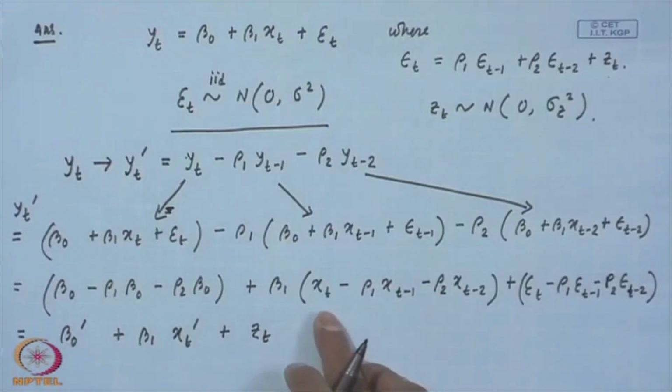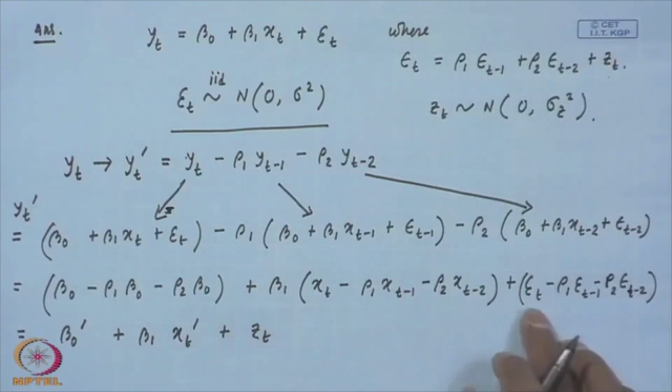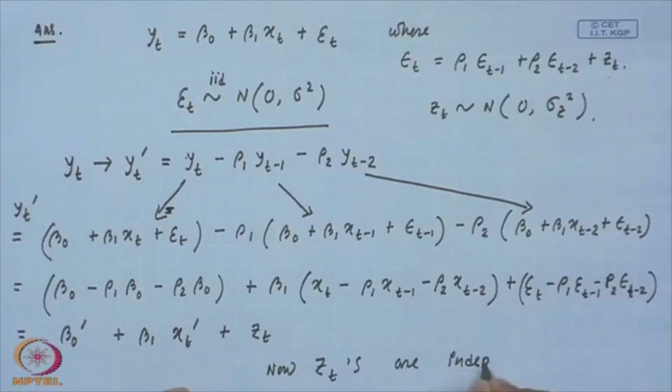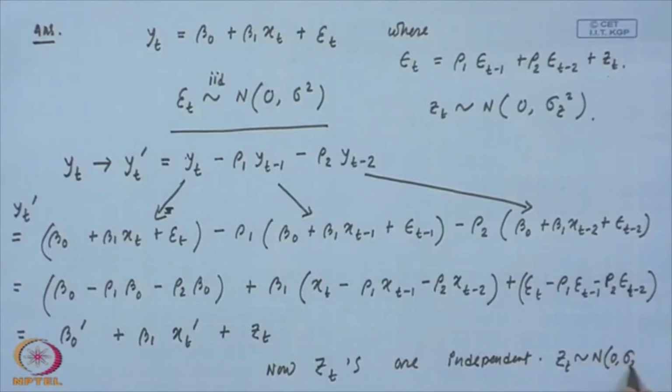Similarly, we have transformed x t to x t prime, and as a consequence the error term has been transformed to z t. This z t is now independent. Okay. And also we know that z t follows normal 0 sigma z square.